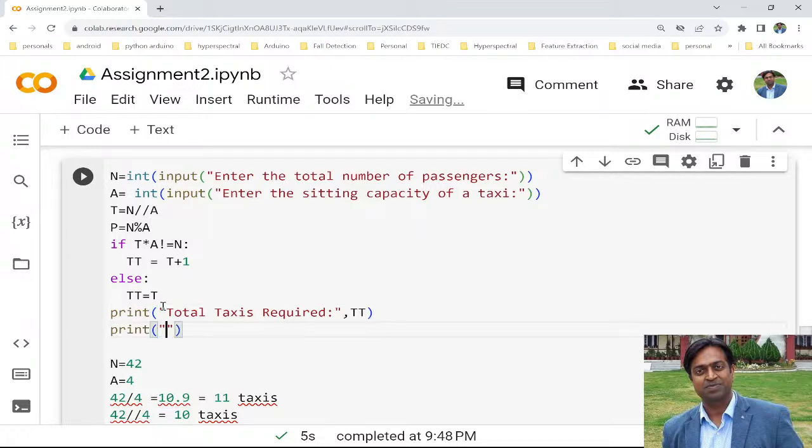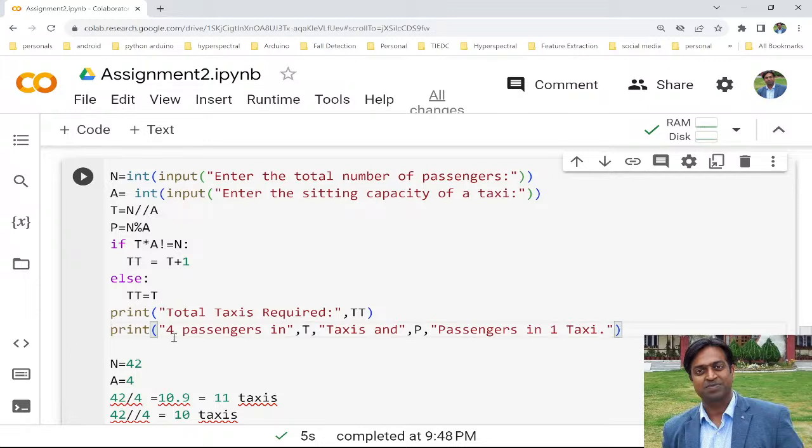The total taxis required and how many passengers: 4 passengers in how many taxis, T taxis, and P passengers in one taxi.